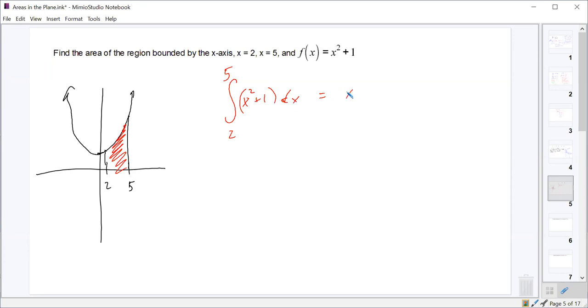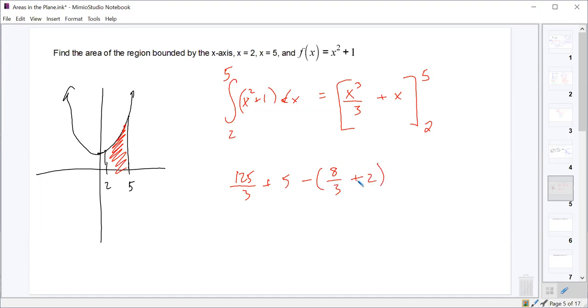The integral of x squared is x cubed over 3, and the integral of 1 is x. So we'll evaluate that from 2 to 5. So 5 cubed, or 125 over 3, plus 5, minus 2 cubed, or 8 over 3, plus 2.